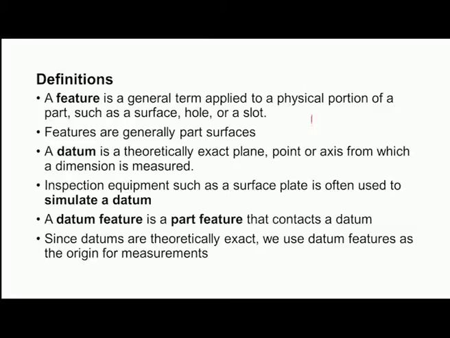For example, if we have a component like this, we have this particular surface, and the feature means whether this particular surface is straight or cylindrical, or whether there is any out of roundness. Such things are known as features of a component, and a datum is a theoretically exact plane or a point or an axis from which a dimension is measured.